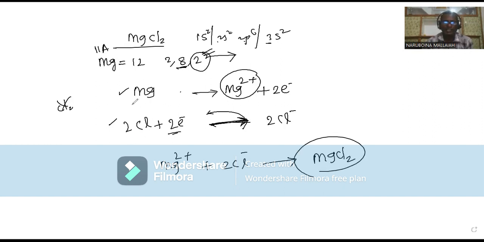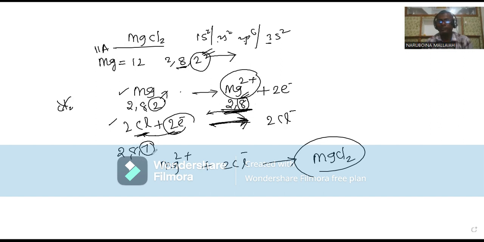See here, the magnesium configuration is 2, 8, 2. By losing these 2 electrons, it gets the 2, 8 configuration. See, in the outermost orbit we now have 8 electrons. This is the configuration of neon. That means magnesium, by losing 2 electrons, gets the electronic configuration of neon. Here chlorine also takes 1 electron each. In chlorine we have 2, 8, 7. It has 7 electrons in its outermost orbit.